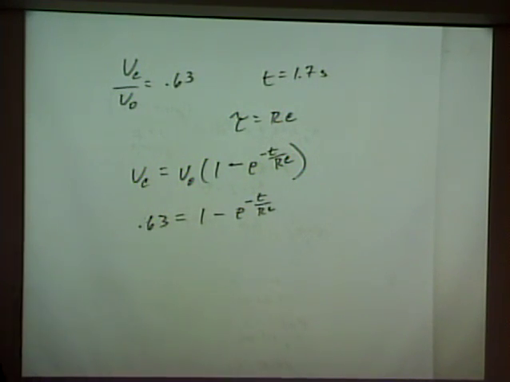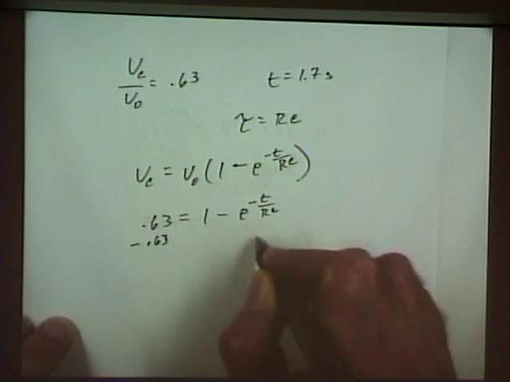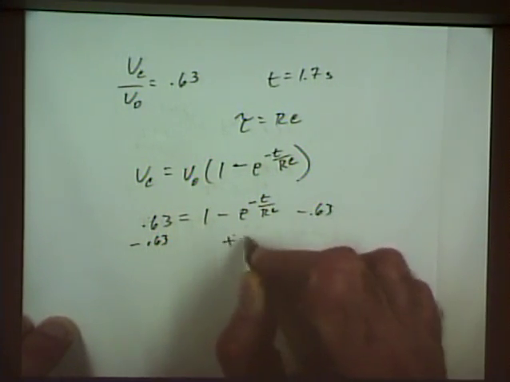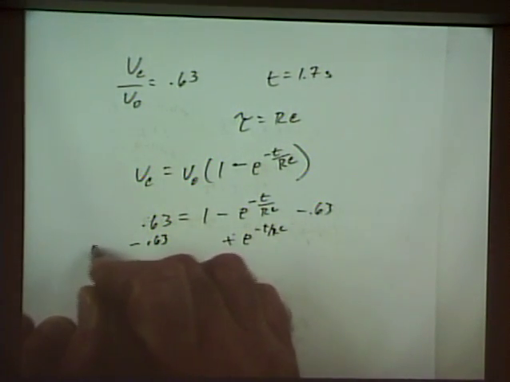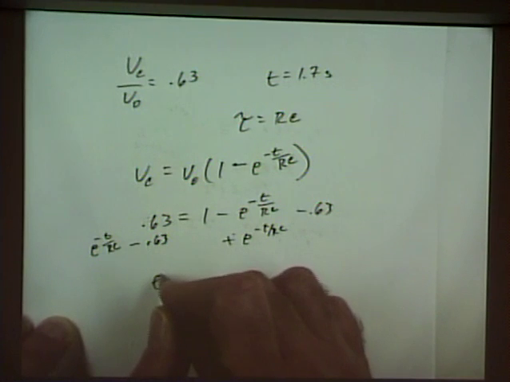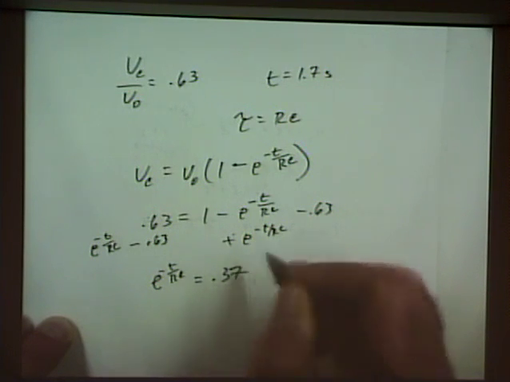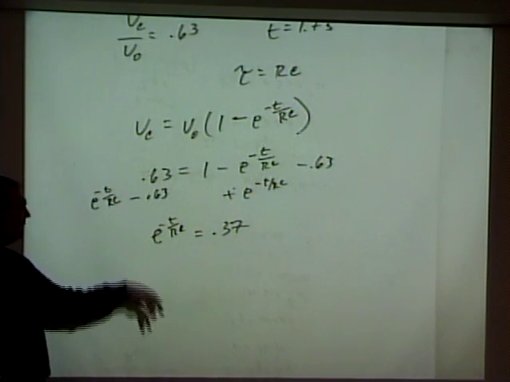Let's subtract 0.63 from both sides and add e to the minus t over RC to both sides. So I wind up with e to the minus t over RC equals 0.37. So I've got a nice positive number here.